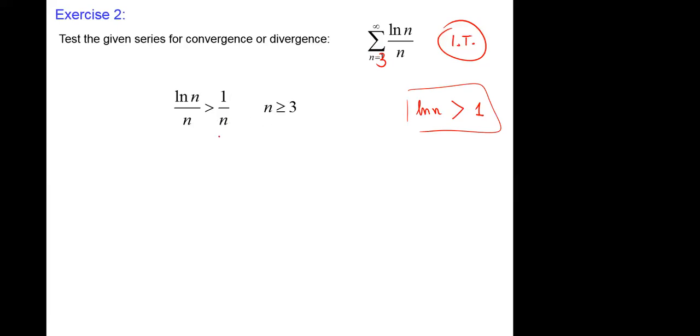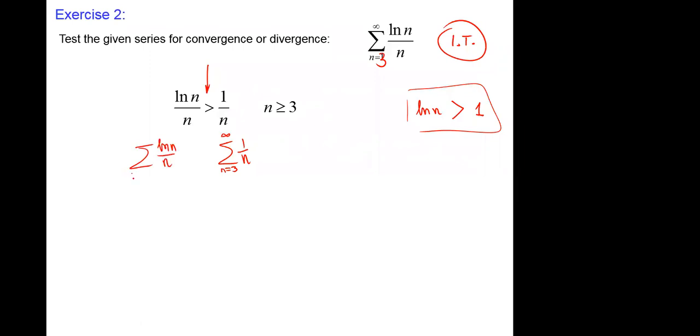Now on my right-hand side, let's quickly analyze the relation. If the denominators are the same and the numerators are different, we look at which one is bigger, then the whole fraction is bigger. Of course, natural log of n is greater than 1, so the whole fraction is greater. I can even start from 3.